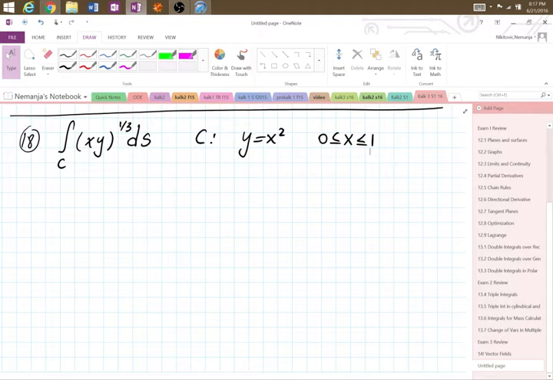C is your x of t, y of t. So you have a parametrization within C. If you just figure out what plugs in where, you should be able to quickly come up with the answer.